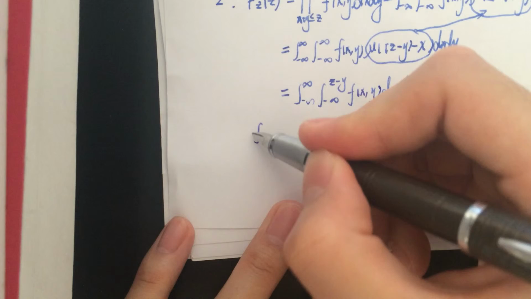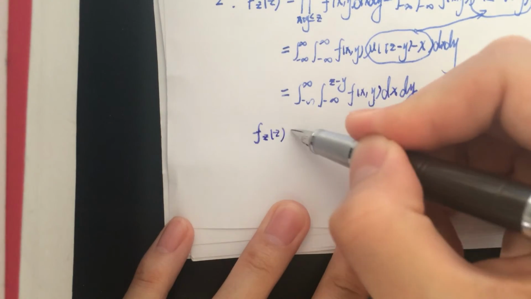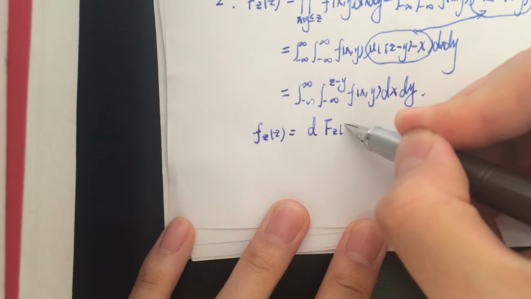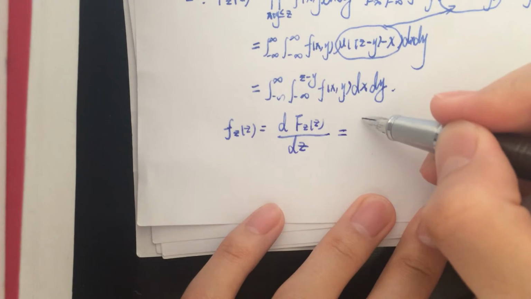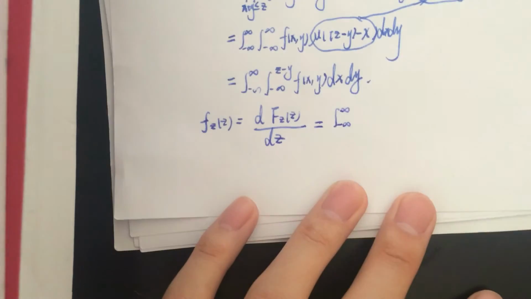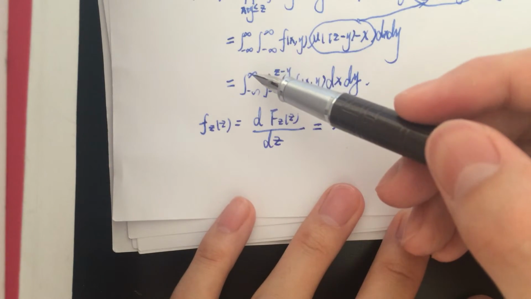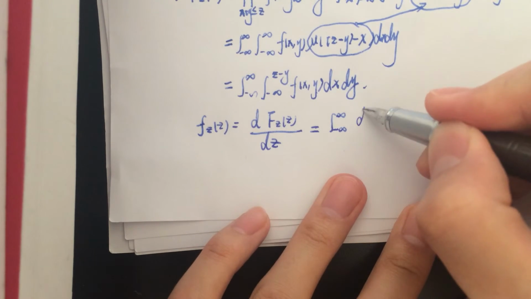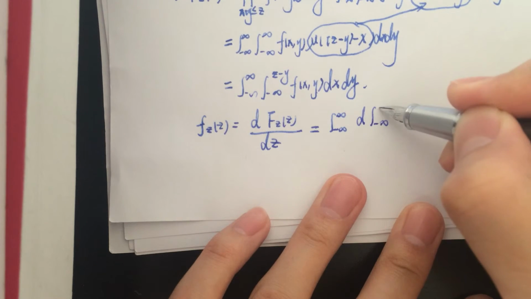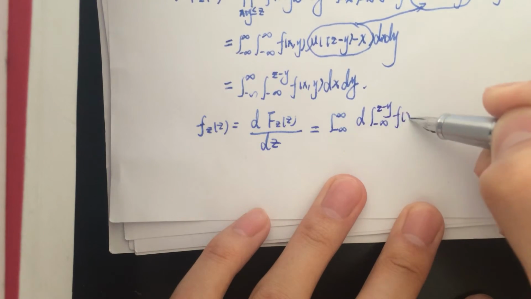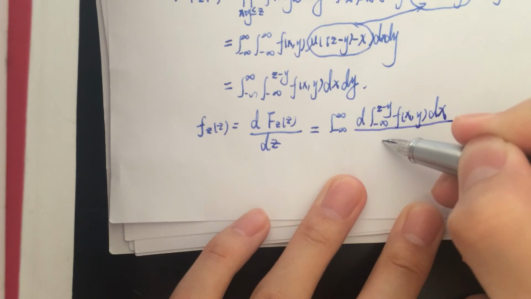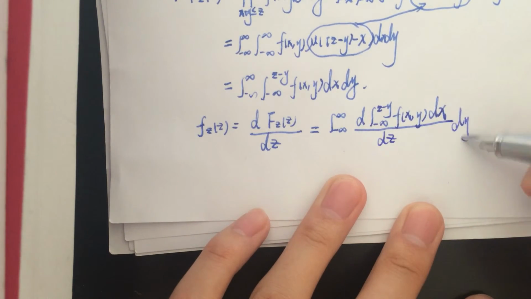And the density function of Z will equal d F_Z(z) over dz. And this one will equal, we can put the first integration on the outside, and it becomes d over dz of the integral from minus infinity to z minus y of f(x,y) dx, times dy.